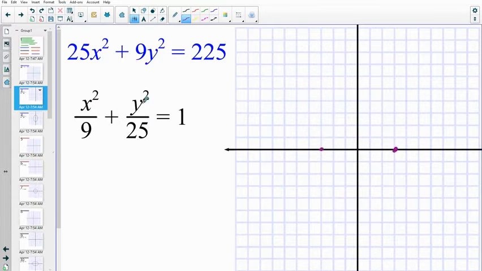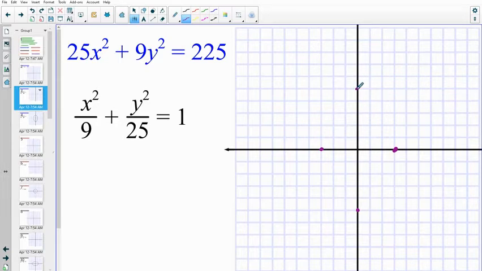By the way, the center, of course, is 0, 0, because it's just x squared and not x plus or minus something squared. Similar for y, the value of b is the square root of 25, so we will go up 5 and down 5 to get to those points.